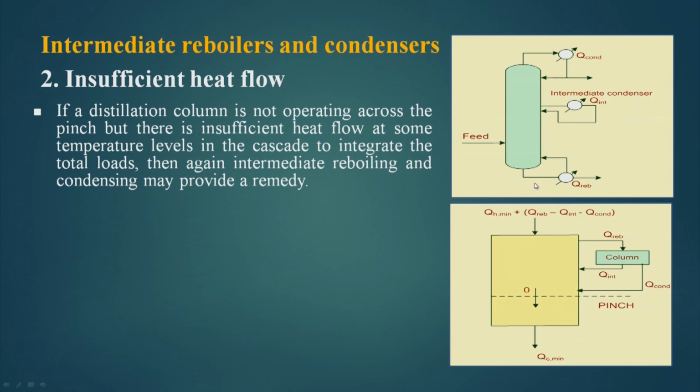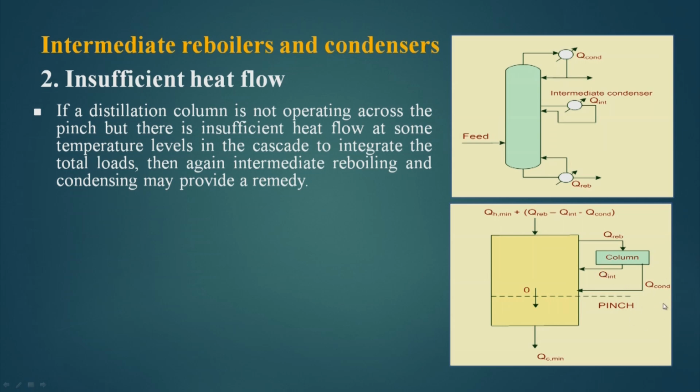Now, here if you see is an intermediate condenser, here I am injecting heat in two parts. That means, I am not injecting heat at one go, like there we have seen that Q 2 minus Q condenser, where Q condenser is the summation of this Q intermediate and Q condenser.